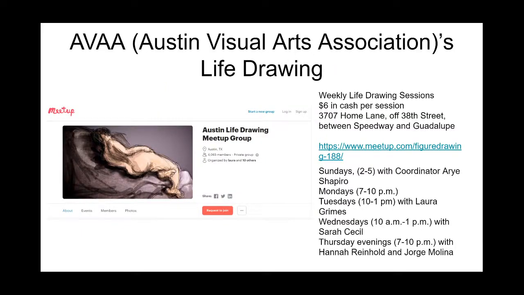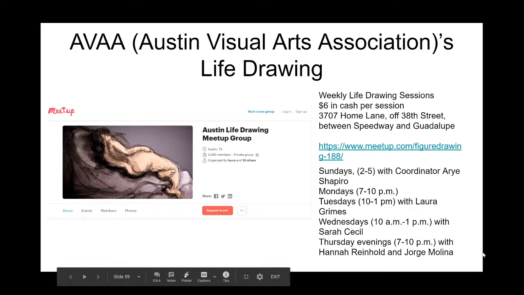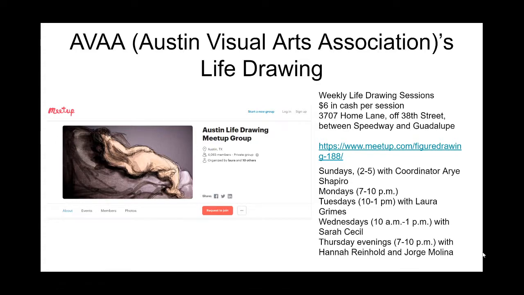Okay, and then the last resource I have: if you don't want 2D pictures and you want an actual live human person, there's an organization called the Austin Visual Arts Association, and they do weekly live drawing sessions on 38th Street between Speedway and Quad.